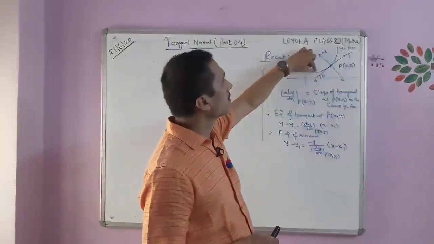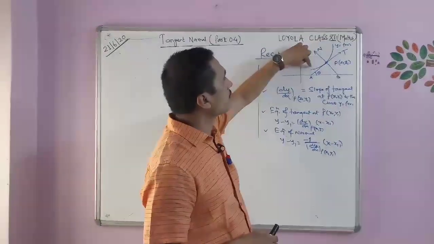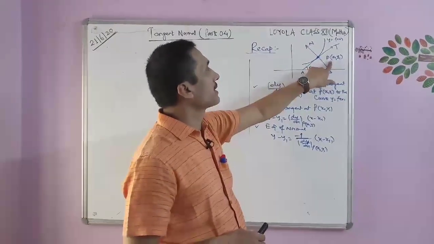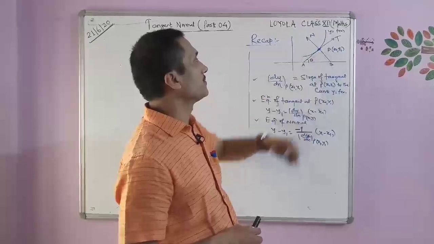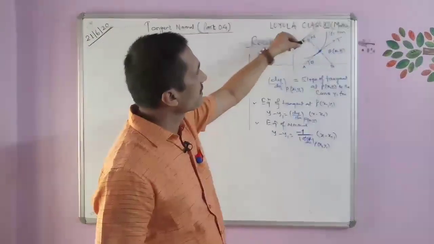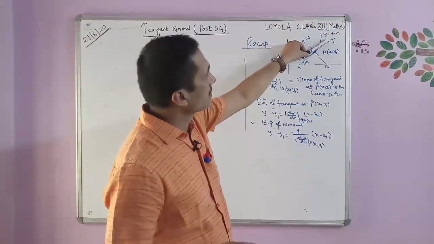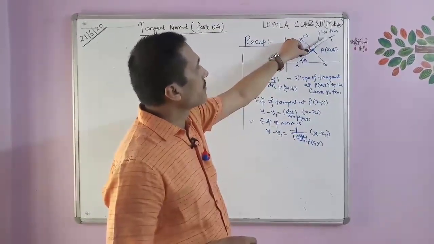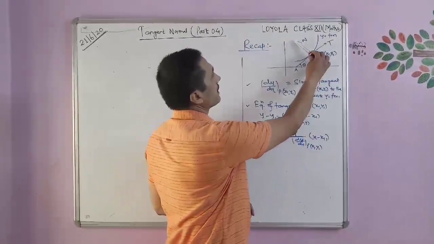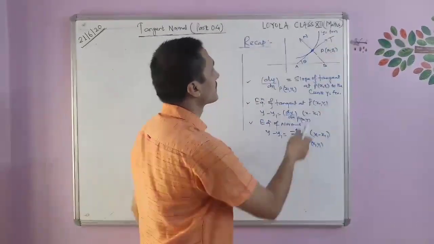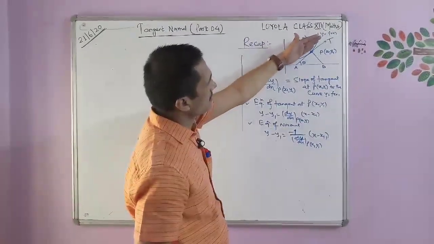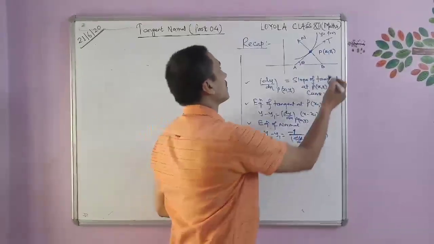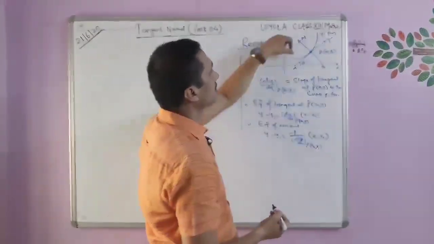Here, this is the curve y equal to f(x) and P(x1, y1) is a point on the curve. This is the tangent PT at the point P to the curve, and this is PN, the normal. Inclination of this PT is theta with x-axis.